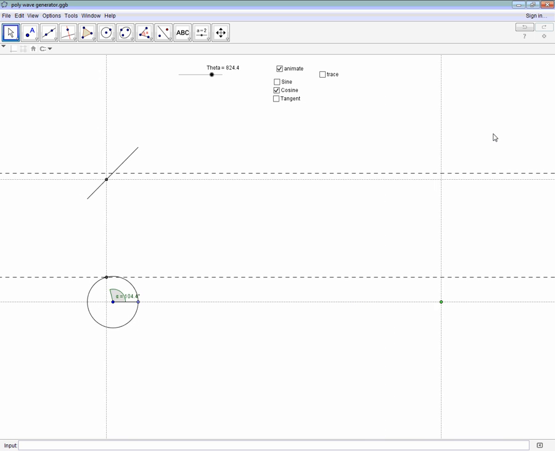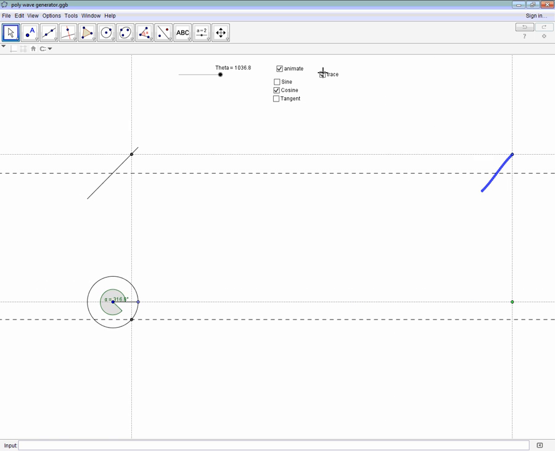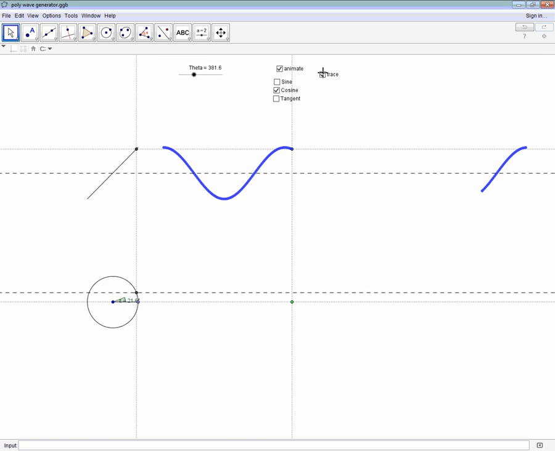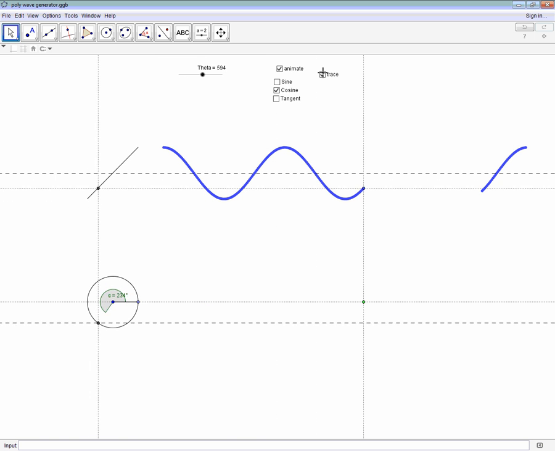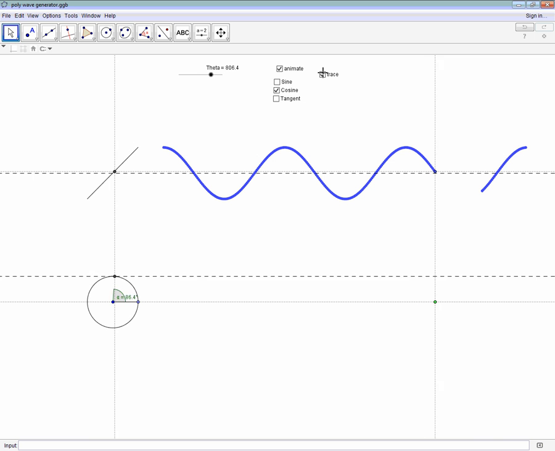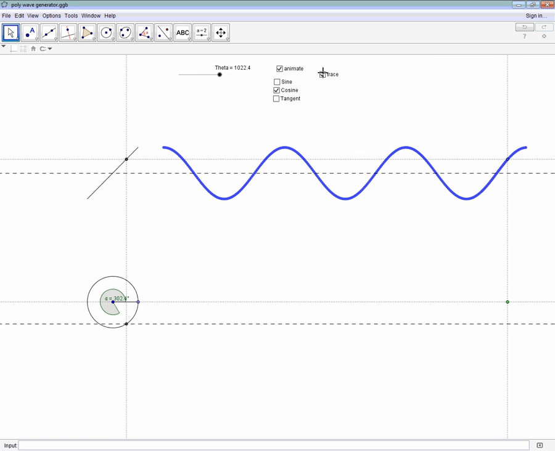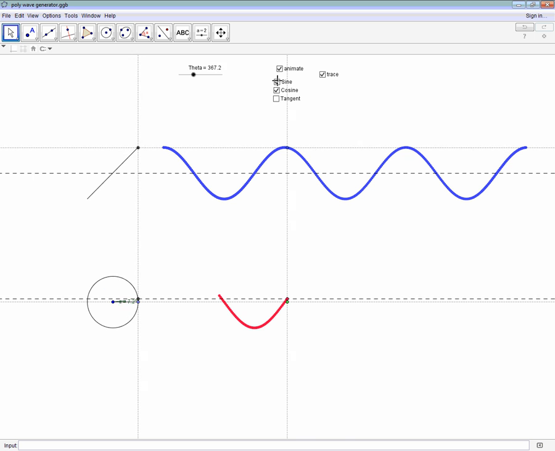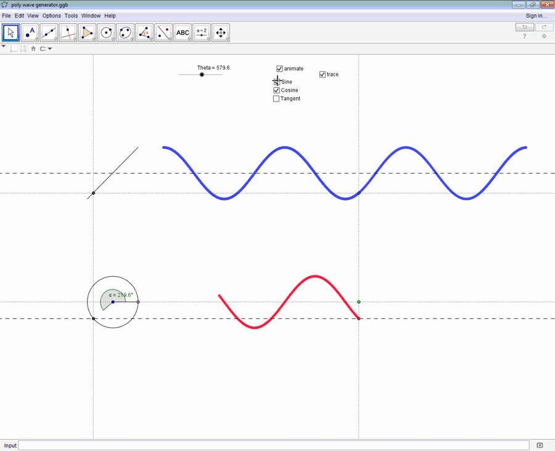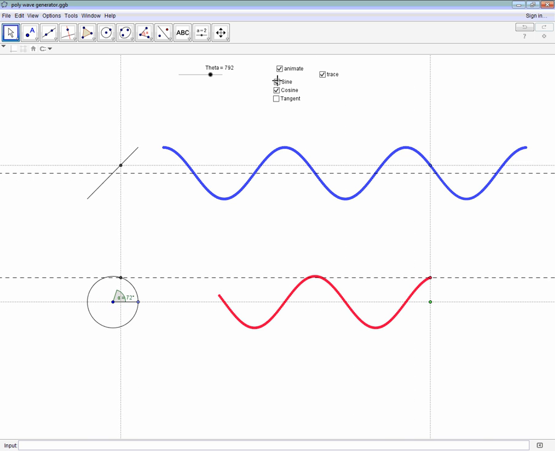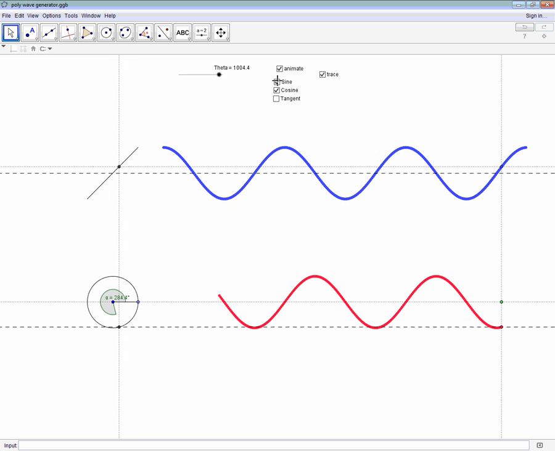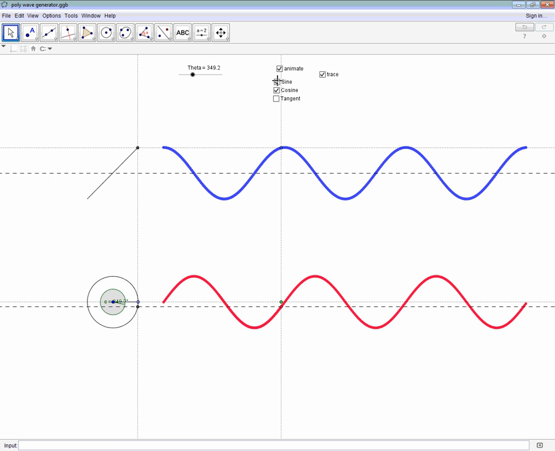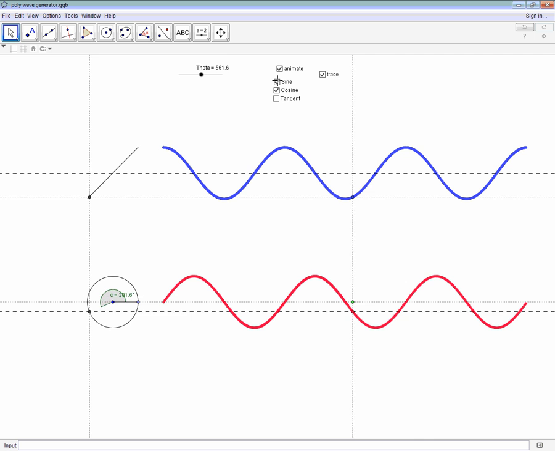Anyway, so now it kind of looks the same, doesn't it? So they look a lot alike, don't they?